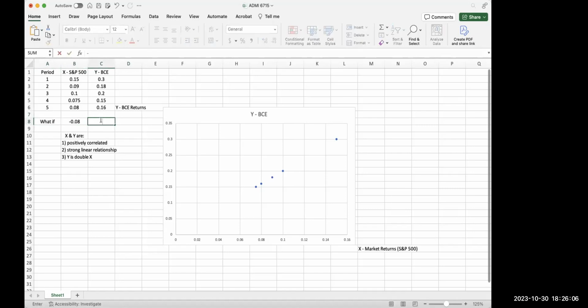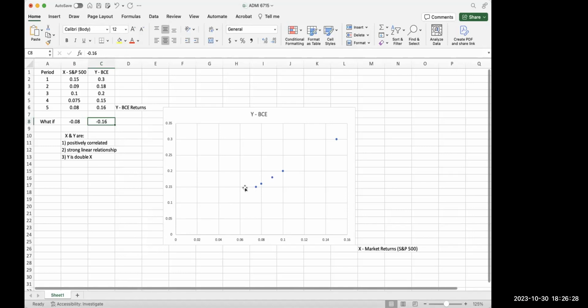Yeah, so if the market is underperforming, you expect BCE to do even worse, double, 2 times worse. So that is an extrapolation beyond here out into the negative values. And maybe you can't do that. Maybe the relationship is different down here, or we don't know. We only have this data here.